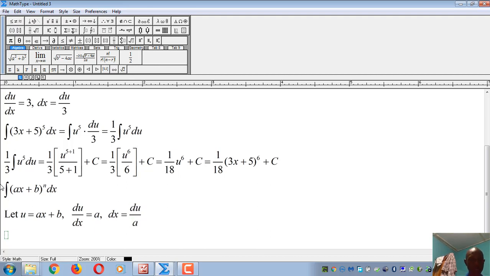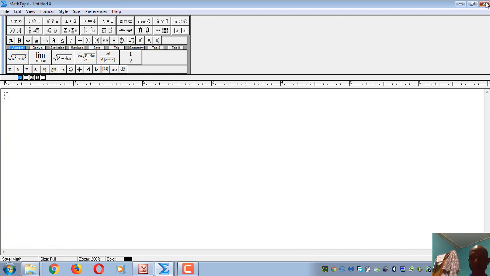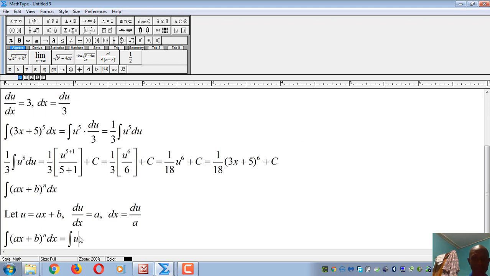Now you can rewrite this. It now becomes u raised to the power of n dx, and my dx is the same thing as du over a. So don't forget that.